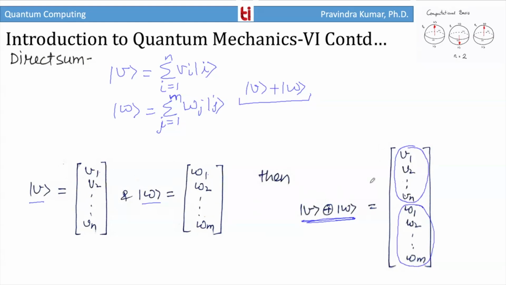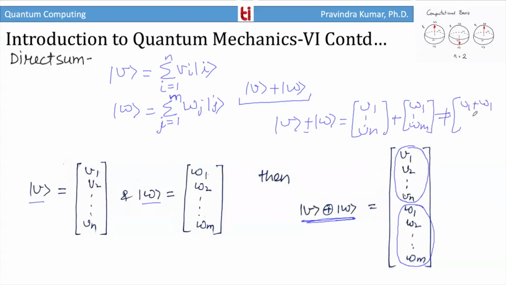This is simply a direct sum. It is not like the usual matrix sum; it is not equal to v1 plus w1 and so on, as in classical theory.